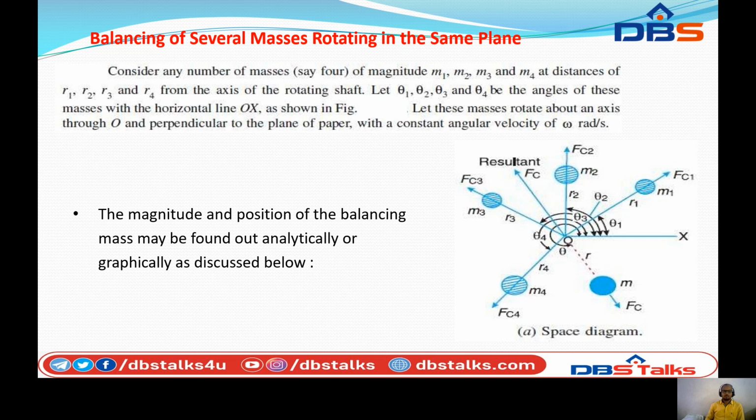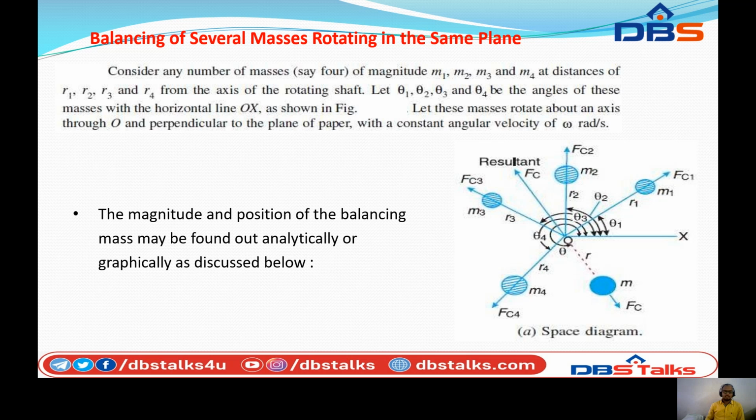Let these masses rotate about the axis through O and perpendicular to the plane of paper with a constant angular velocity of omega radians per second. The magnitude and position of the balancing masses may be found analytically or graphically.